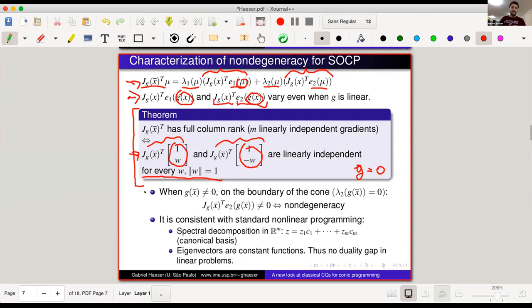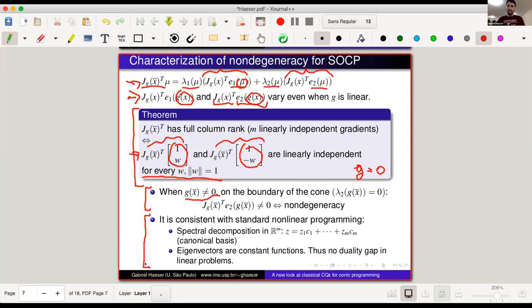And this also makes sense when you are not at 0. I won't mention this, but this is consistent with the definition of non-degeneracy when the constraint is not at 0. And it's also consistent with nonlinear programming. You can define eigenvalues and eigenvectors for a nonlinear programming problem, as when you see a nonlinear programming problem as a symmetric cone problem.